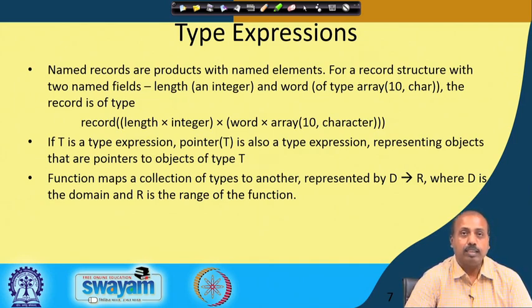And in the case of a function, it maps a collection of types to another collection of types. So, it is D to R, where D is the domain and R is the range of the function.